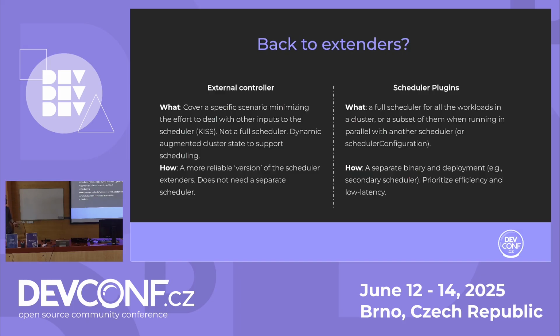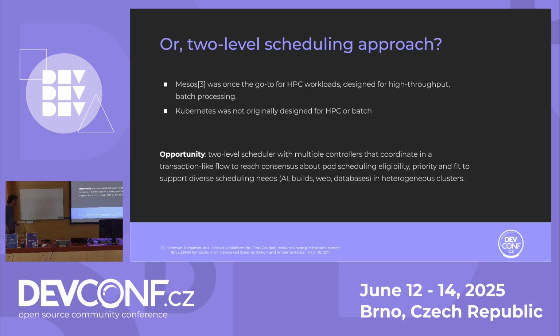And, well, if from one side we are back to extenders, from another side, are we moving towards a two-level scheduling approach? And with the motivation of the batch workloads that I've given before, the first thought that comes to my mind is Mesos.